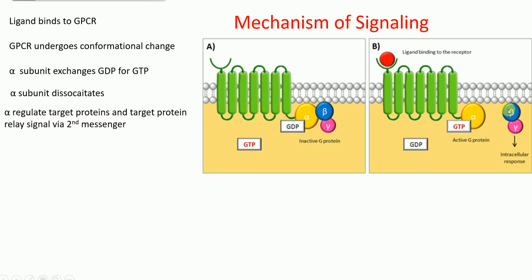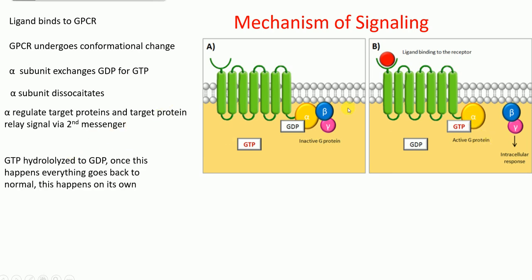I would also like to add that the beta gamma dimer can also regulate target proteins, but our focus in this lecture today will only be on the alpha subunits for this mechanism of G protein coupled receptor signaling. Okay, so this is what happens, and the next point is, okay, fine.